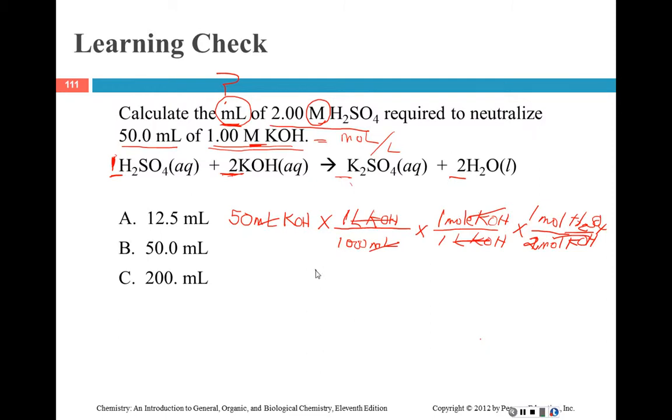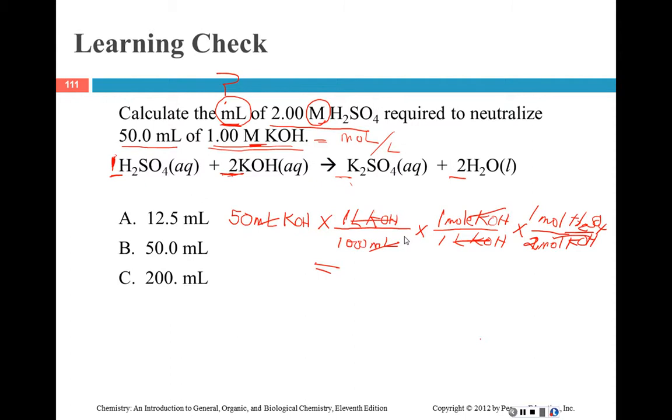And then times what? Well, I tell you what we'll do. We'll say what that is equal to first. So 50 divided by 1,000 divided by 2.